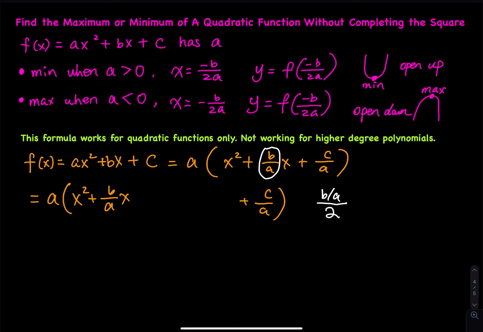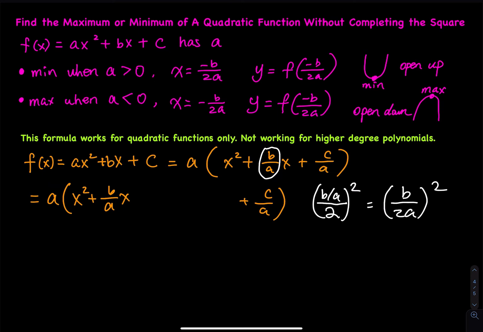So that is b over 2 squared. Take the coefficient right next to x, divided by 2, and that gives you b over 2a, and then you square.